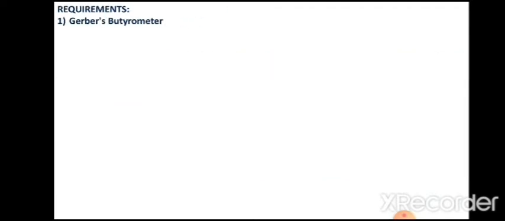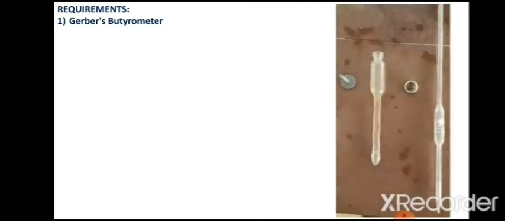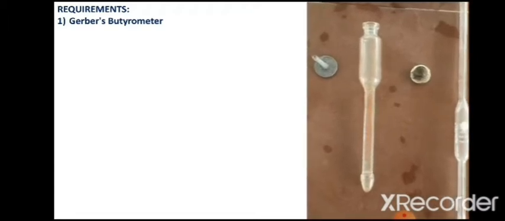These are the requirements. This is Gerber's butyrometer. You can see Gerber's butyrometer. This is a glass vessel which is like this. This is body, stem. Now this stem is calibrated.